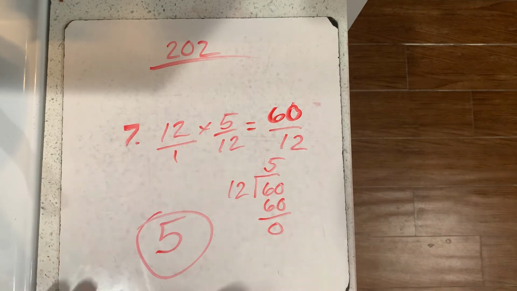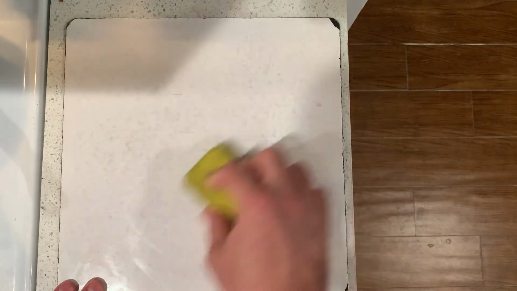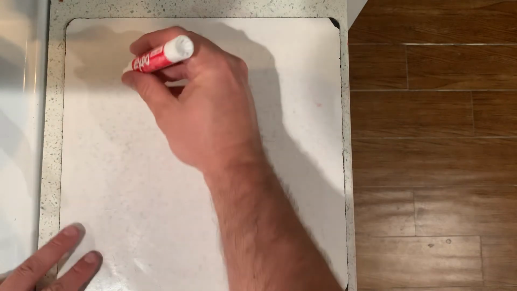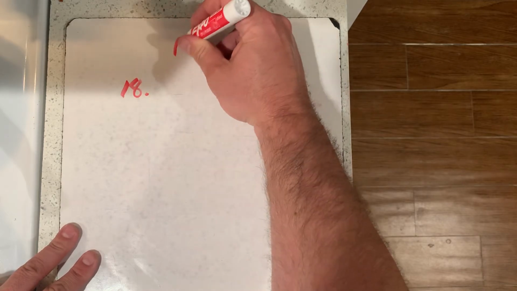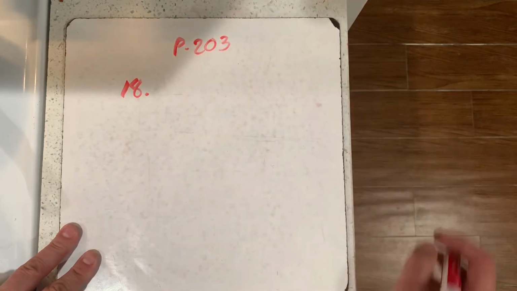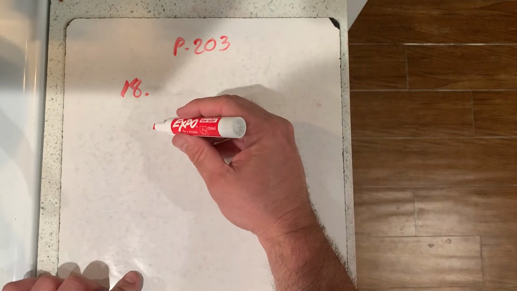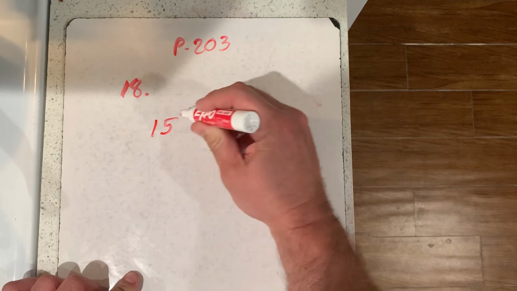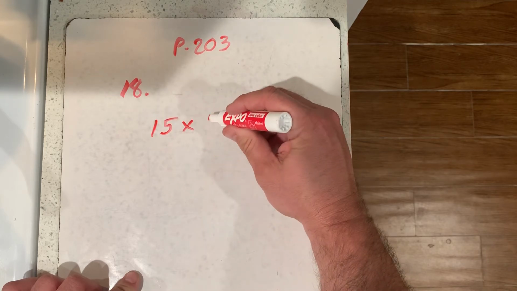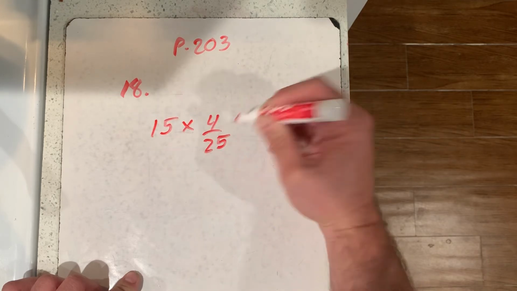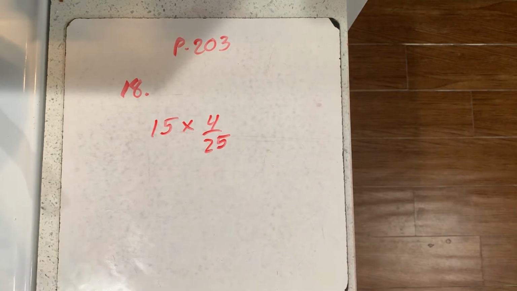Everyone following along? We're going to move right along to page 203. Let's go to number 18. 18 reads 15 times 4/25. Identify the whole number, 15, put it over 1, denominator of 1.